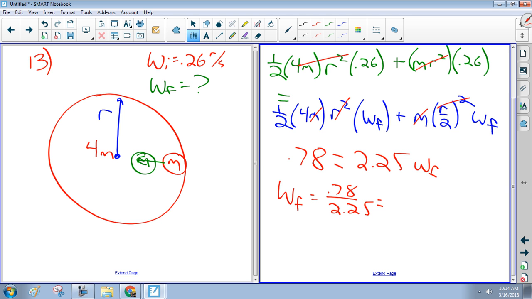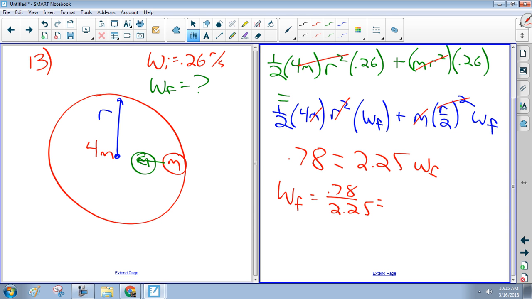So that's part A, and then part B wants to know the ratio of the kinetic energy. Basically, you find the kinetic energy before he moves, find the kinetic energy after he moves, and just find the ratio. And that's rotational kinetic energy of the disk plus the bug. Even though you don't know the mass, I think everything cancels.